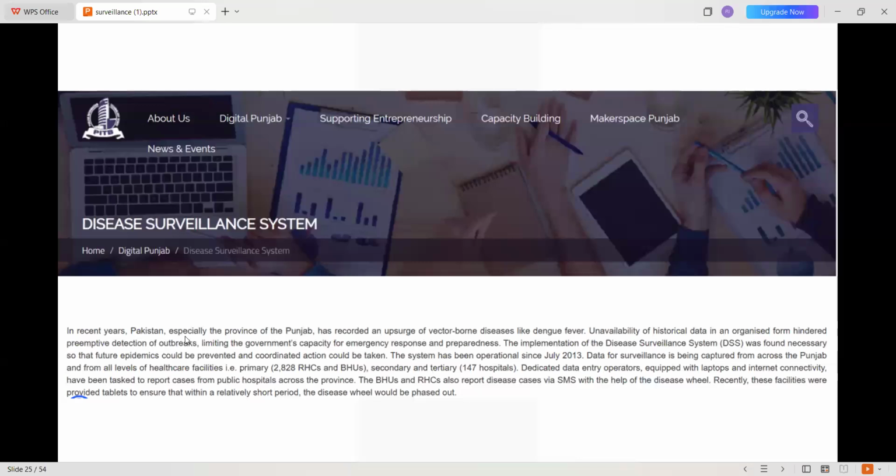In recent years in Pakistan, especially the province of Punjab has recorded an upsurge of vector-borne diseases like dengue. The system has been operational since 2013.